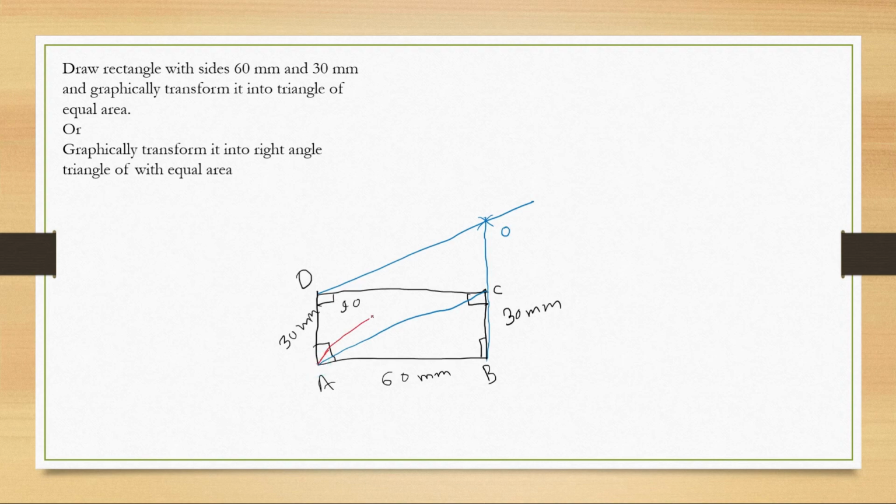So from point A, it goes straight to O, and from O to B, and this is actually the triangle of interest.